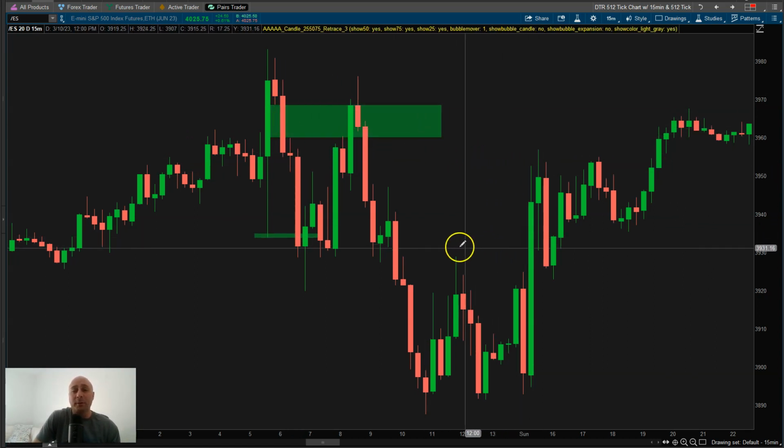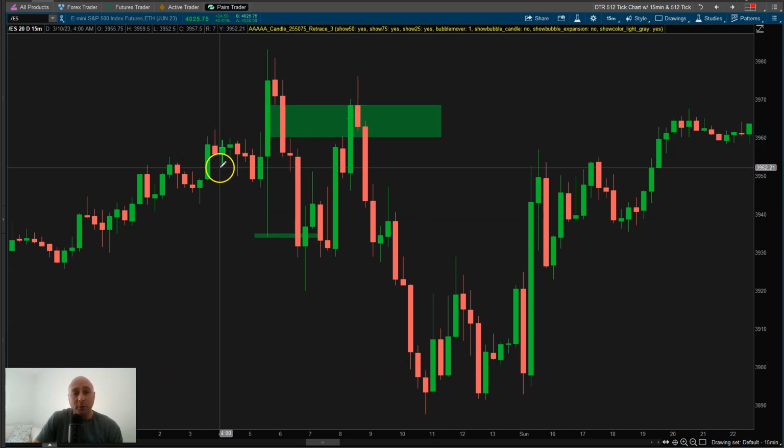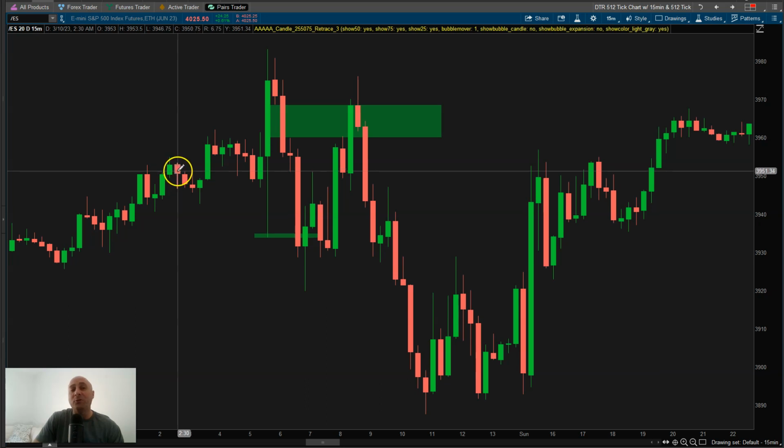If you go back and look at the charts, you'll see a lot of times price will retrace. Like right here, we made the high, had a retracement. This candle came back a little bit, but then this candle filled that fair value gap.